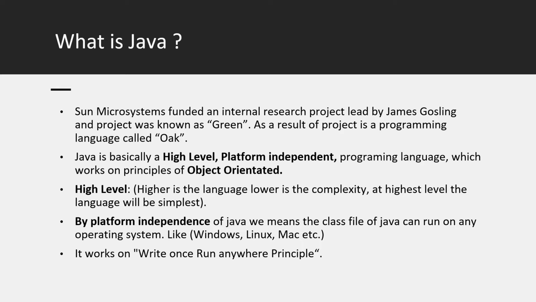This means that you need a particular operating system or platform to execute or run those applications. But this is not the case with Java. Java is platform independent. You can run that code on Windows, Linux, Mac, and so on. So the idea behind this is write once and run everywhere.